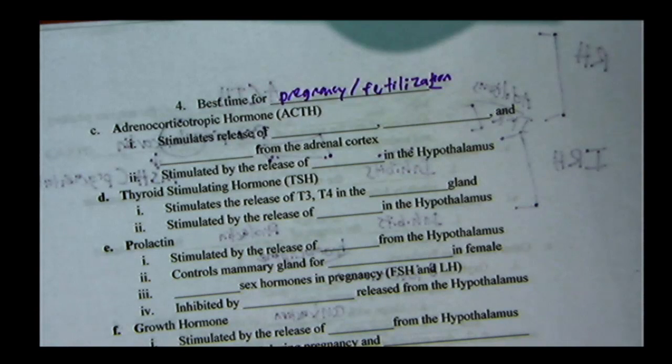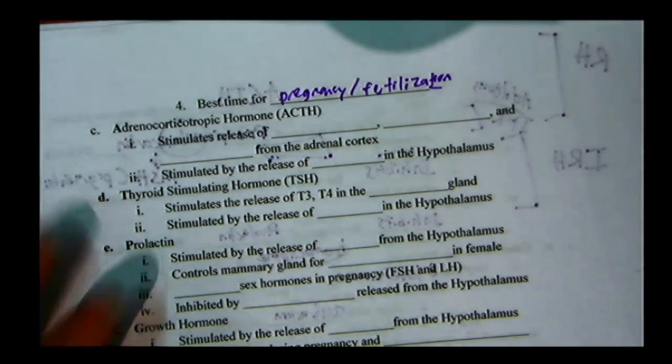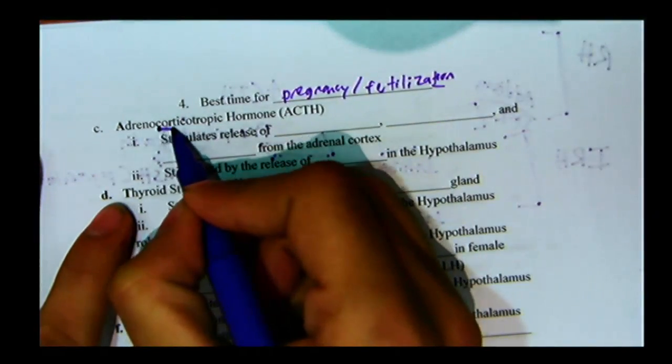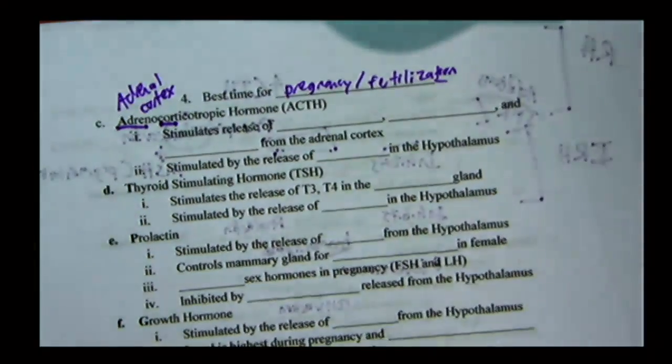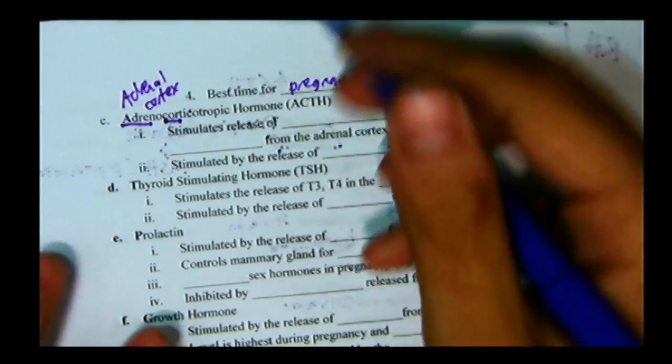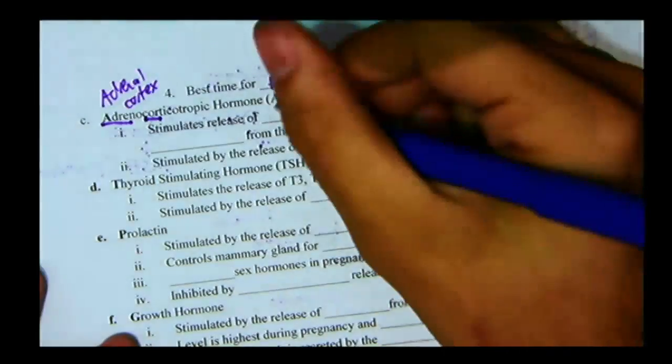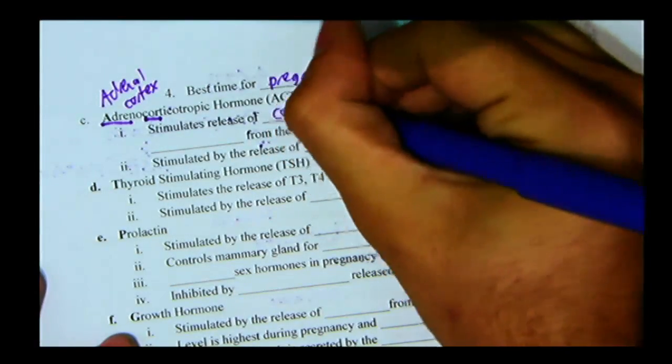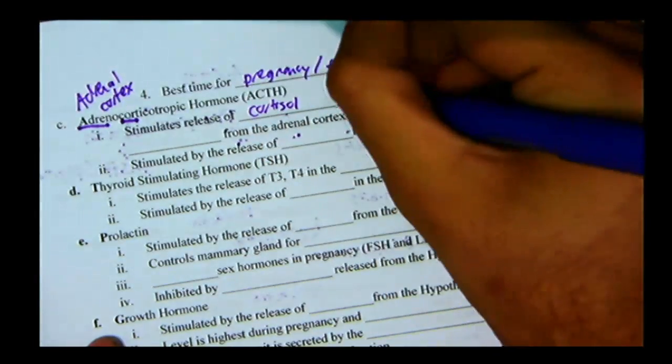So now we're at ACTH, or adrenocorticotropic hormone. Right away, you should see CORT in adrenocortico and think adrenal cortex. So if it's affecting the adrenal cortex, which hormones are being stimulated? Cortisol. What else? Aldosterone.